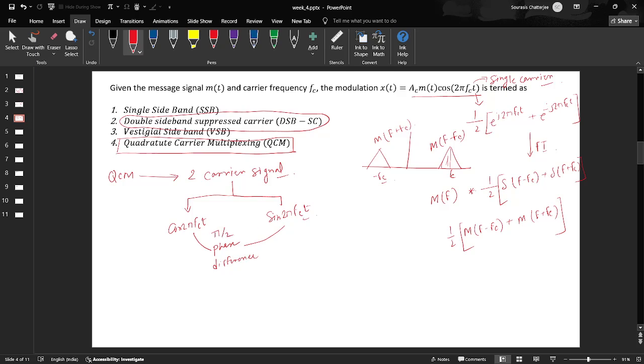Pi by 2 phase difference between these two carriers. So when I say two carrier signals, it's of course implied that I am not going to use them for transmitting the same message signal, right? So what is the standard expression of a quadrature carrier multiplexed signal? Turns out it is given like this.